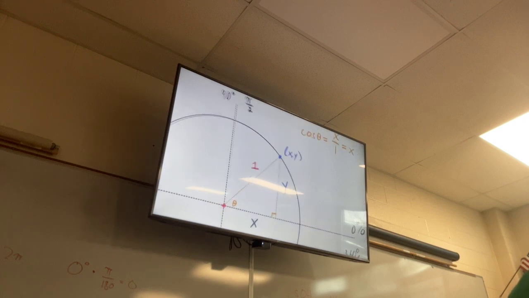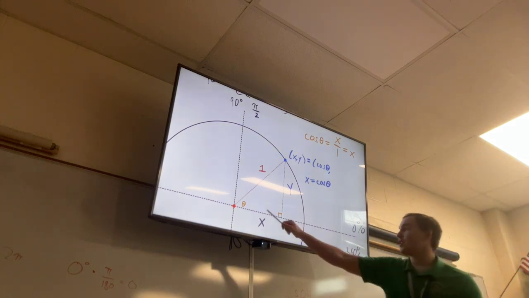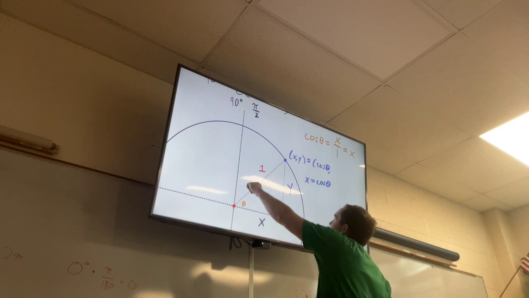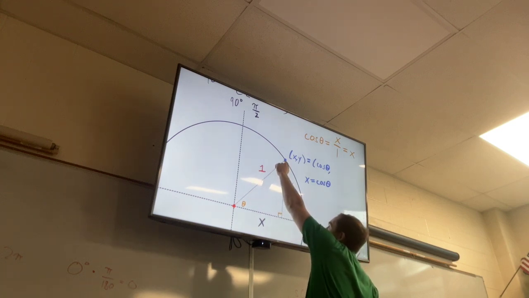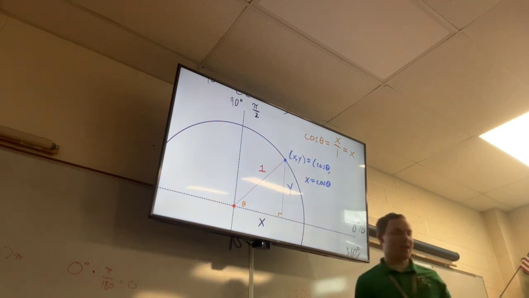So what's going on here, guys, is the x-coordinate of that point is equal to cosine theta. So x equals cosine theta. If I draw any angle on this unit circle, its cosine is going to be equal to the x-coordinate of its point on the outer crust of that circle, okay?